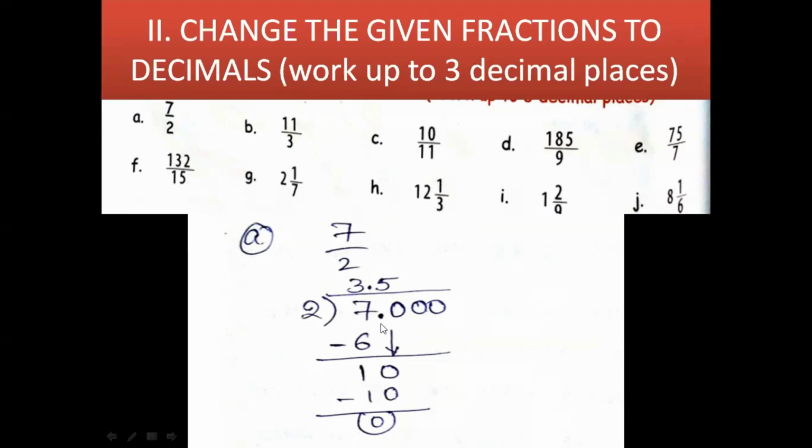After 7 we are having decimal point. In quotient we have to keep decimal point. 0 down. Now it is 10. 2 5s are 10. 10 minus 10, difference is 0. That is, remainder is 0. Quotient is 3.5.